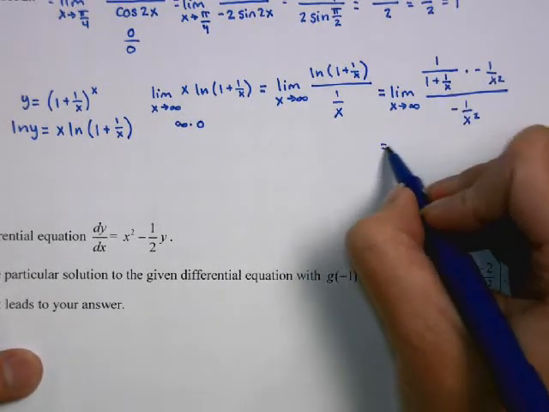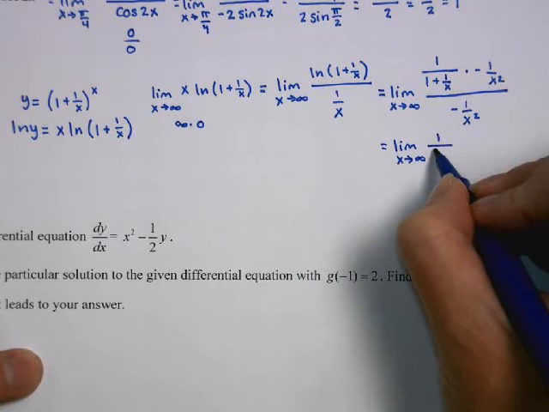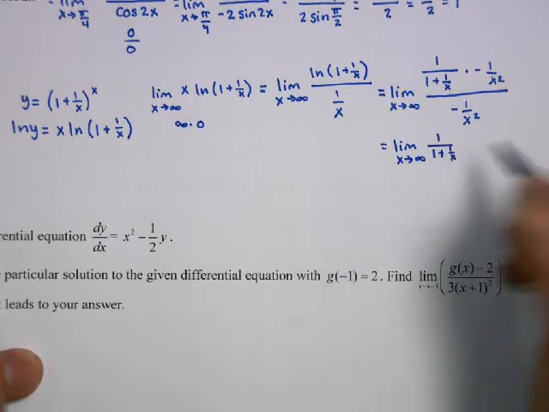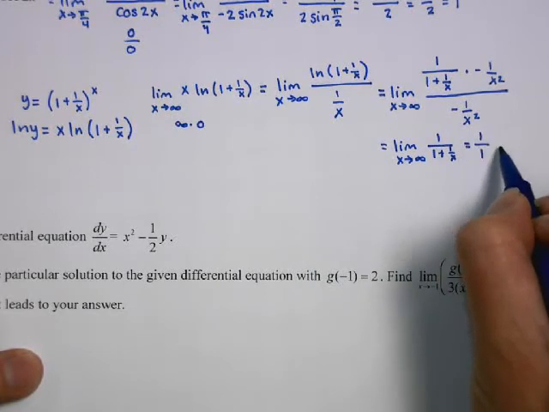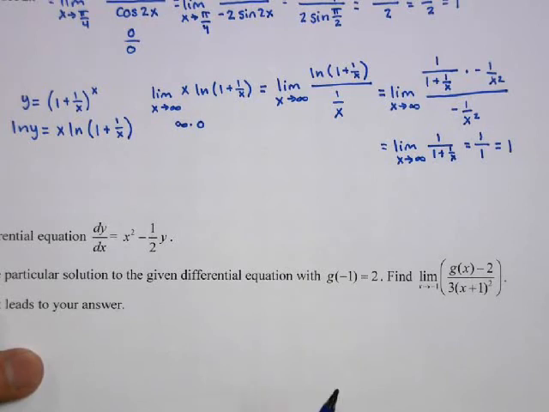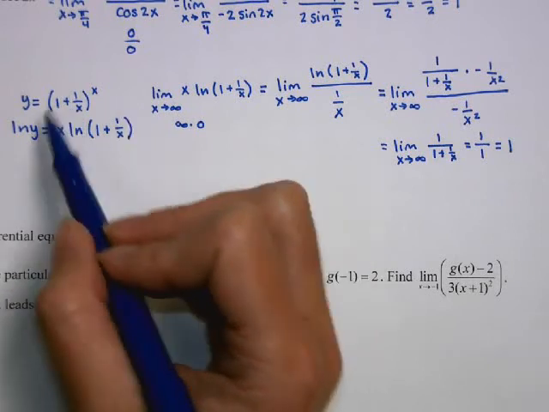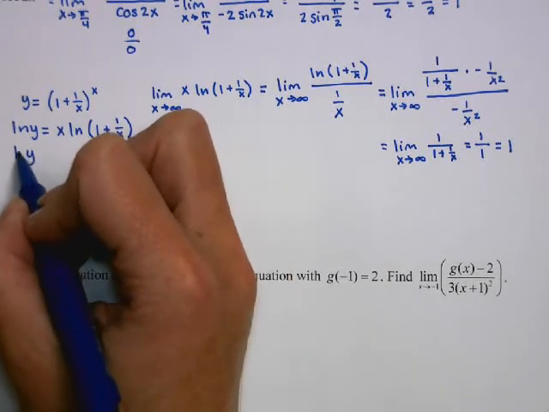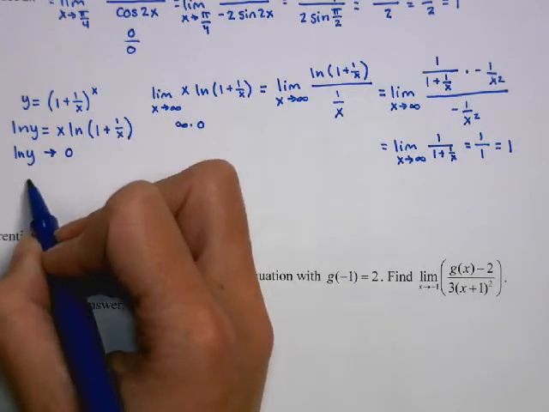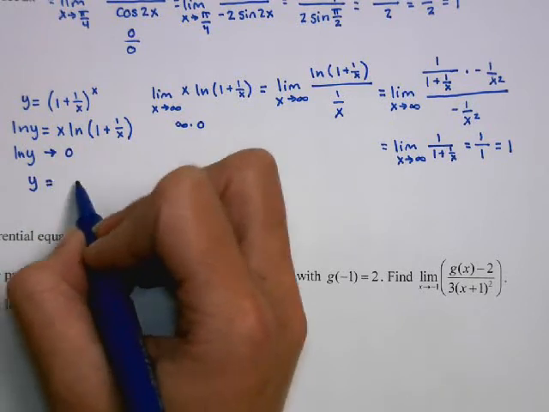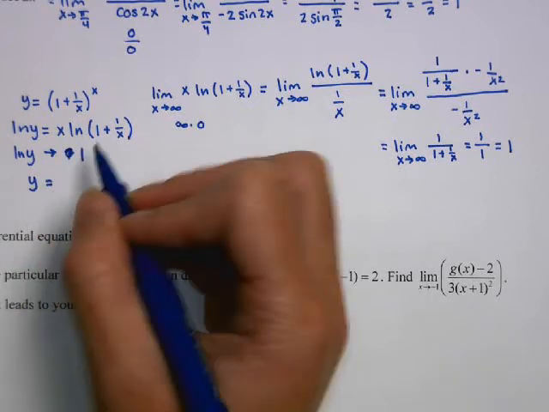So those can cancel. So 1 over 1 plus 1 over x. This is going to go to 0, so this is going to be 1 over 1 plus 0, which is 1 again. So that's what this goes to. So we're going to say that the natural log of y goes to 1.